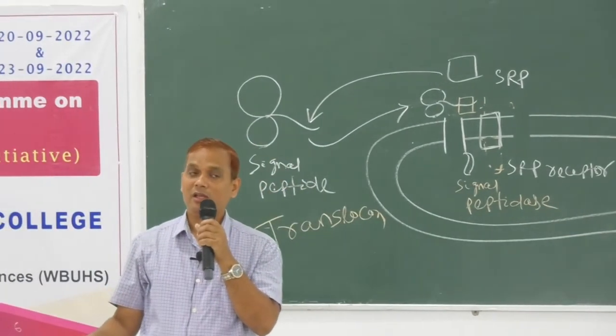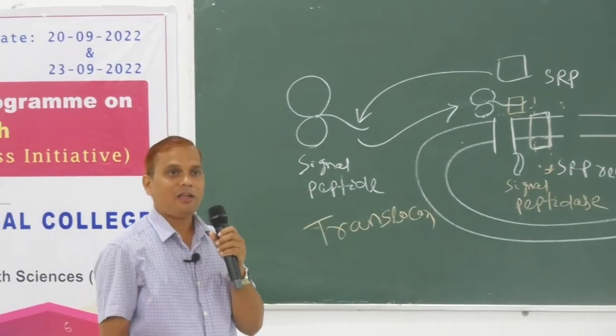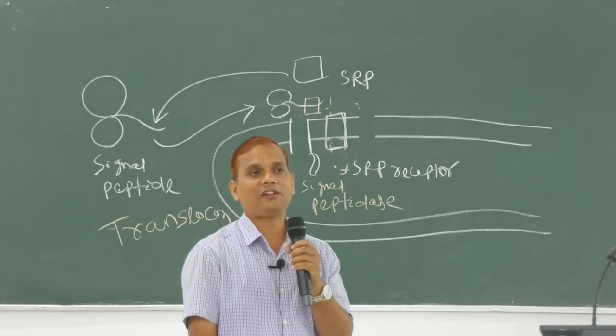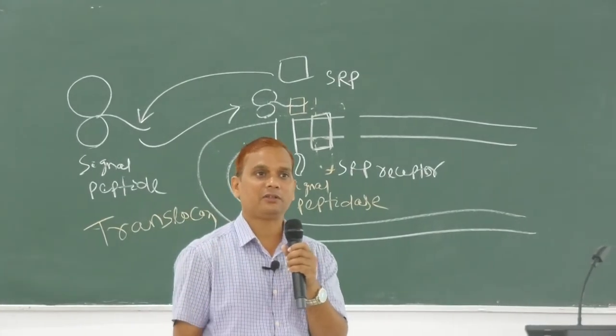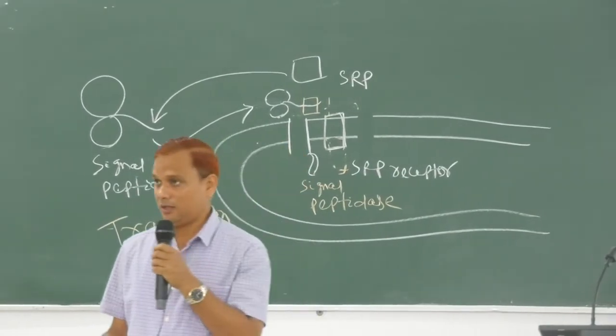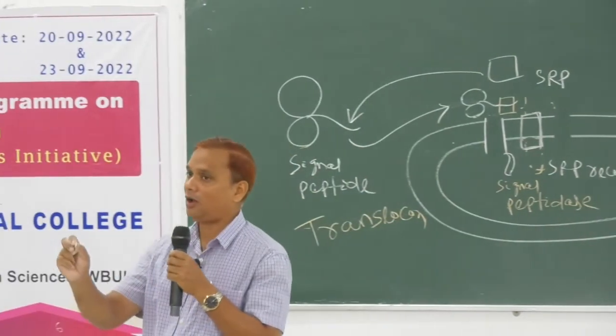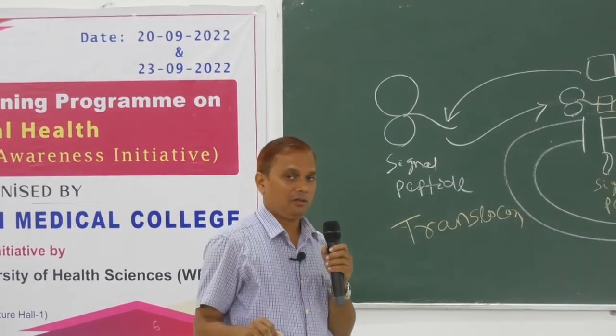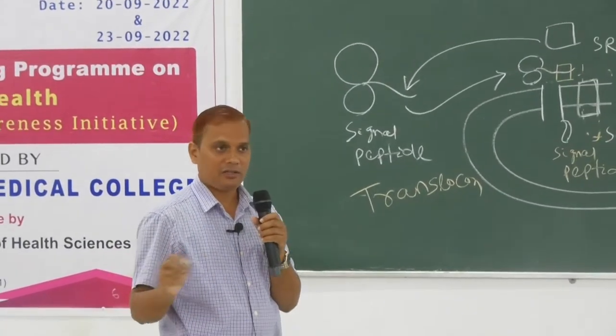Understood? Now after binding all, it forms a complex structure that is called the SRP complex. You can draw or write some points.